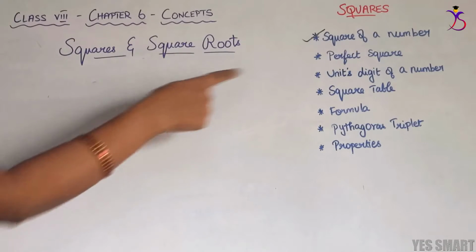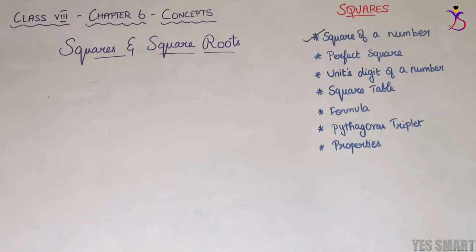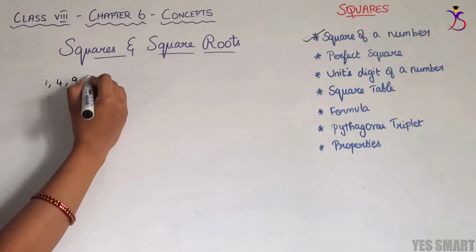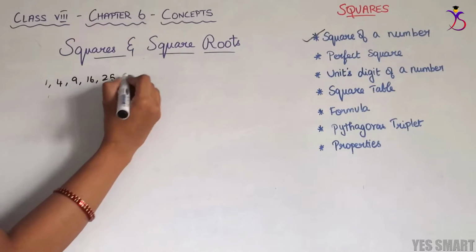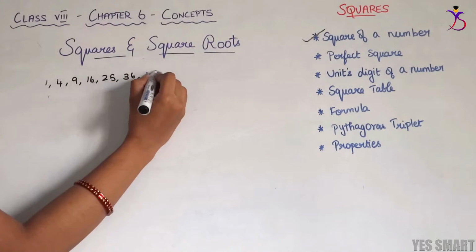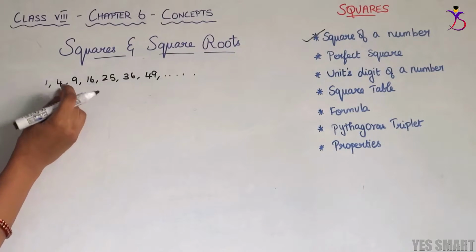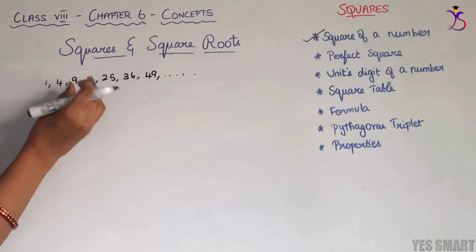Now, perfect squares. Perfect squares are the numbers that come in the square table, like 1, 4, 9, 16, 25, 36, 49, and it goes on. We get these numbers as the answer when we square a particular number.